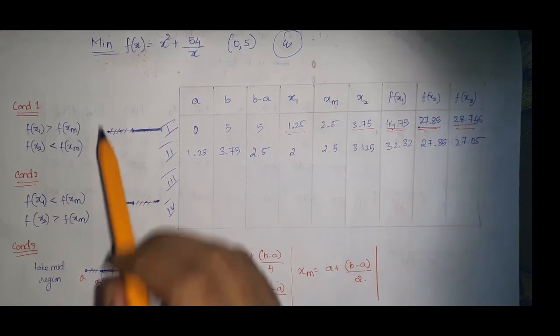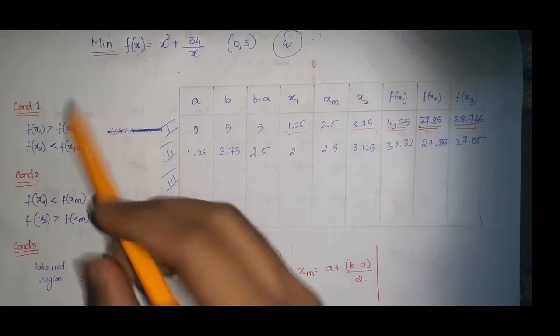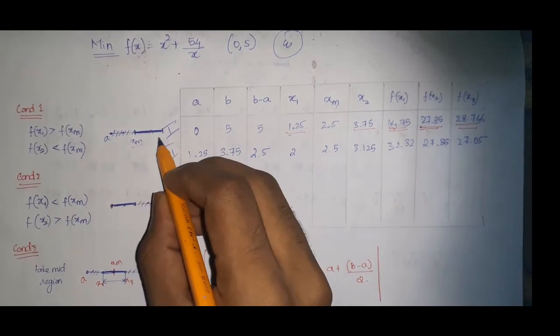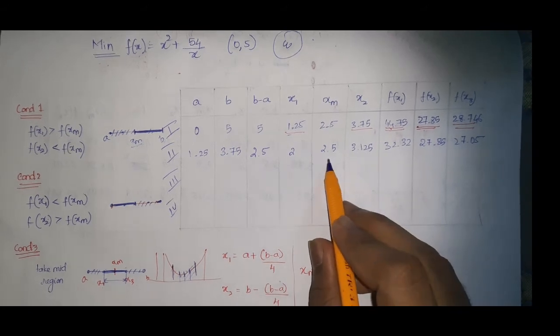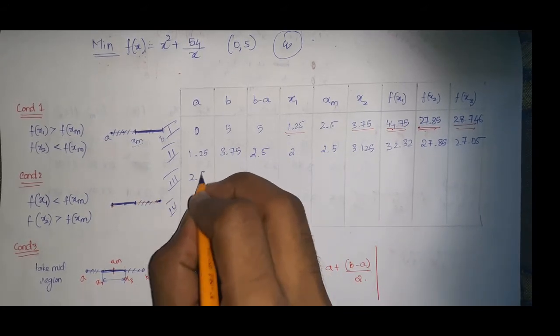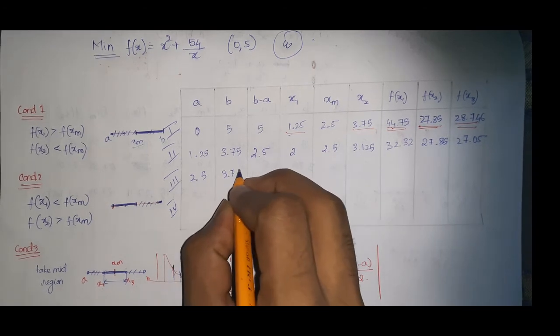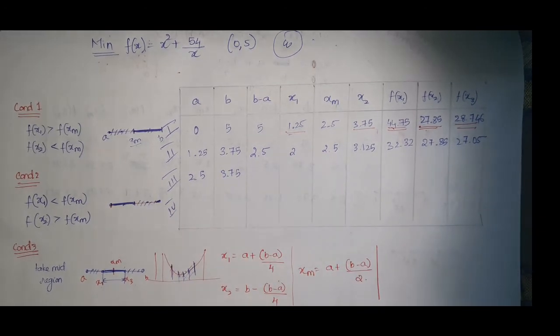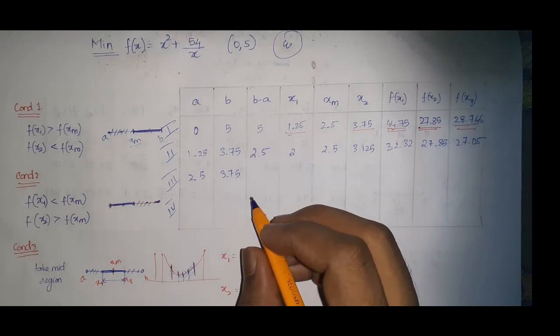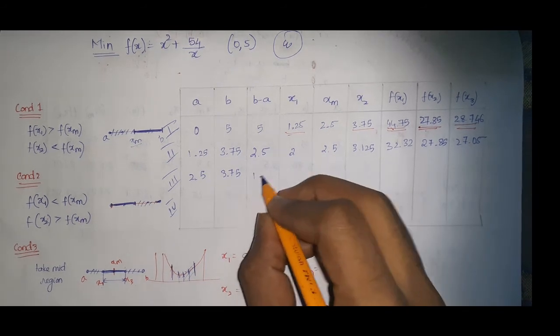So we have to eliminate the region from a to xm and take the region from xm to b. So our updated region is 2.5 to 3.75. What is the difference b minus a in our new region? It is 1.25.